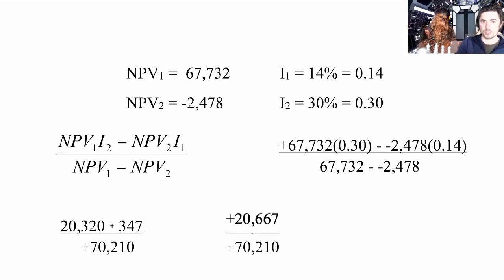So when we work through that, that's 20,667 divided by 70,210, and we get an answer that's very close to this figure here. That tells us that if the discount rate happens to be about 29.5%, it will give us a net present value equal to 0.